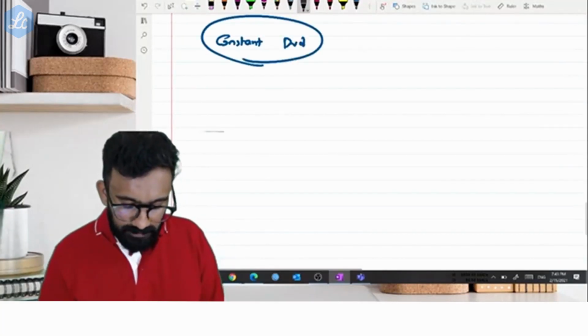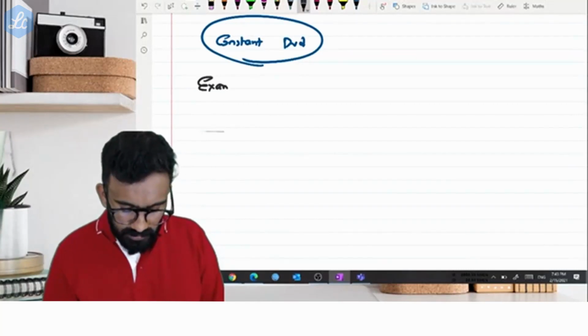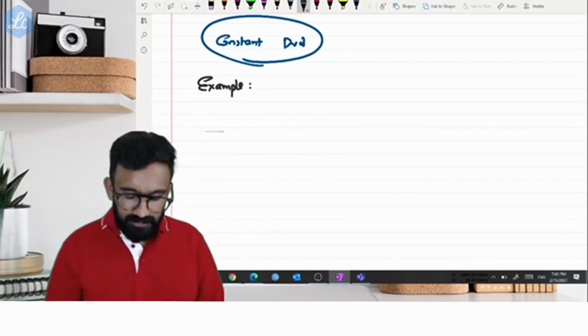Let me take an example, a vanilla example, a very simple one.